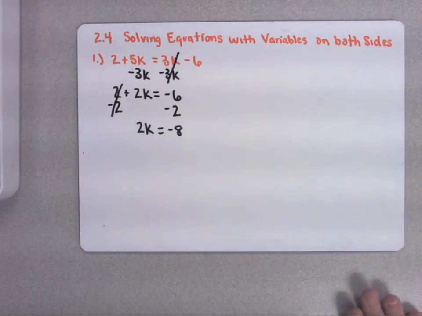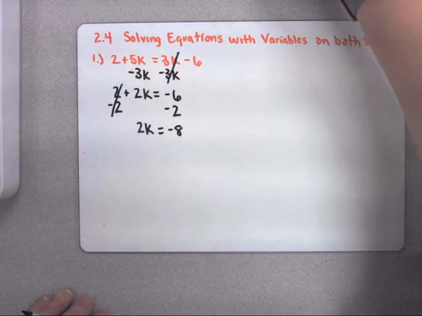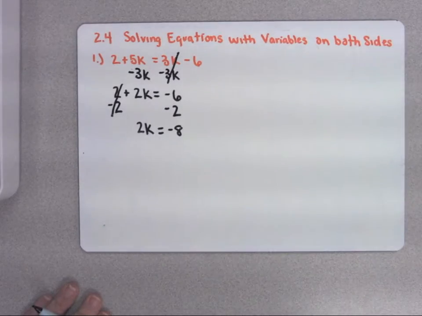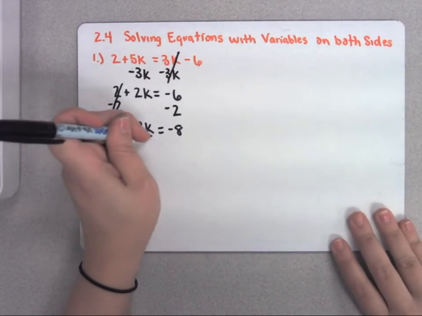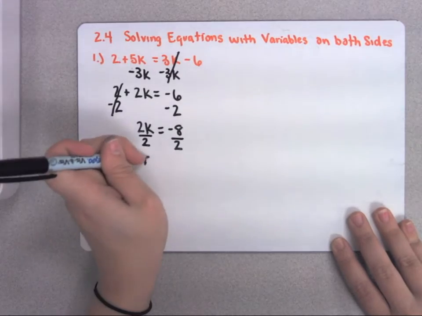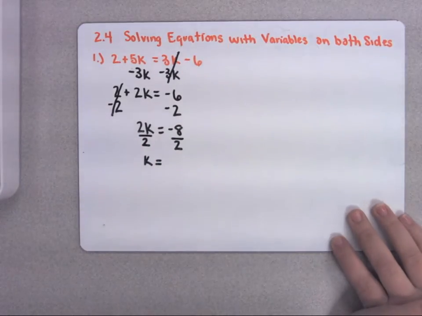Is K by itself yet? No. What's wrong? What's with the K? It's multiplying by 2. How do I get rid of multiplying by 2? Divide by 2 on both sides. When I divide by 2 on both sides, what do I get?